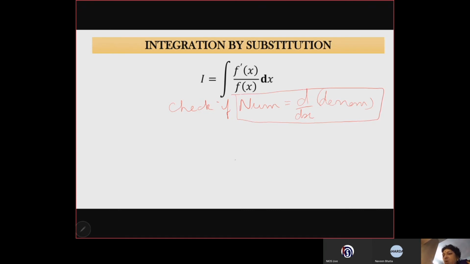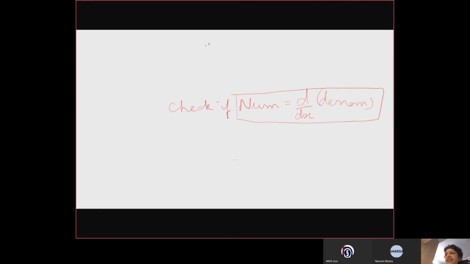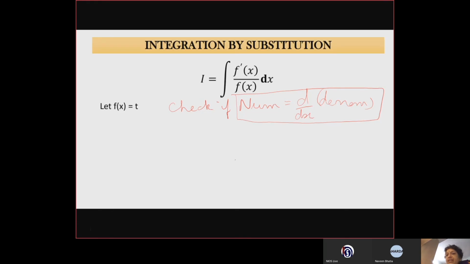Why? Because you could substitute the denominator function as t. After this, whenever we substitute, we have to differentiate because we need the value of dx. So when you differentiate this, you get f dash x dx is equal to dt.